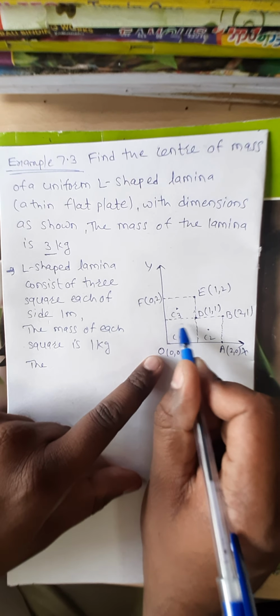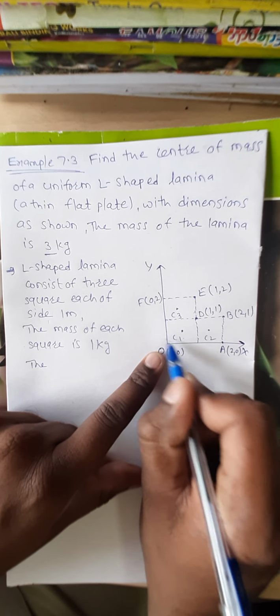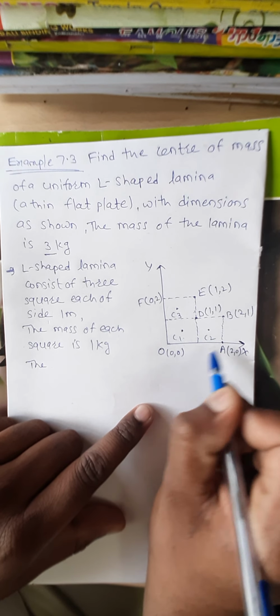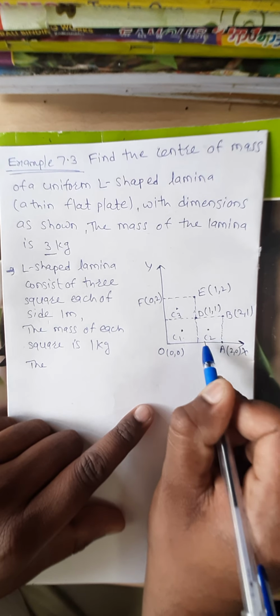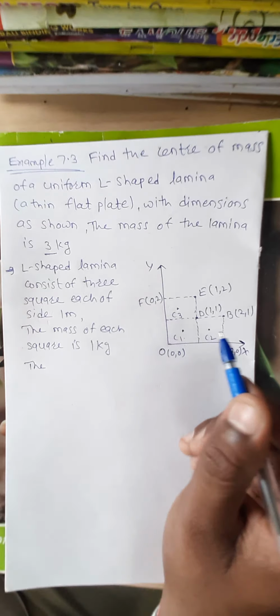Now this is the first square, second square, third square. The mass of the first square is concentrated at point C1, the mass of the second square is concentrated at C2, and the mass of the third square is concentrated at C3.